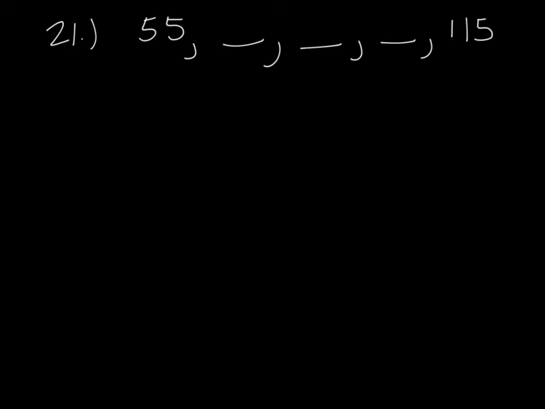Okay, so 21 needs us to fill in the blanks. In order to do that, it's important for me to know what the common difference is between each term in the sequence. So what am I adding each time to this sequence? So what I would do is I would look at this as a table.